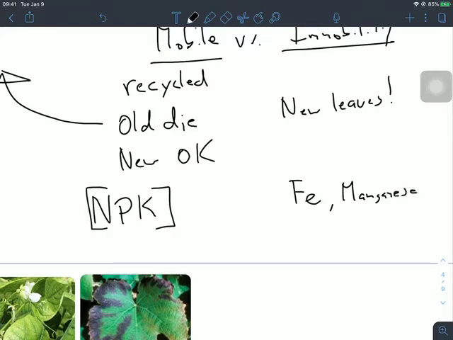I point these two out as our immobile nutrients in particular because they're both essential components of our photosystems. Manganese is present in the oxygen evolving complex that cannot be recycled, and iron is essential to a lot of the different steps in photosynthesis, particularly in those iron-sulfur proteins. Those also will not be recycled.